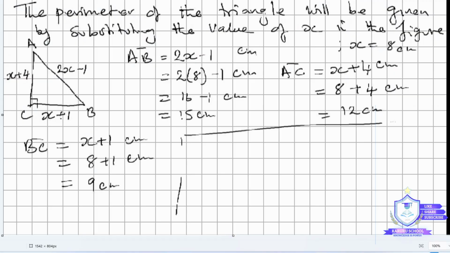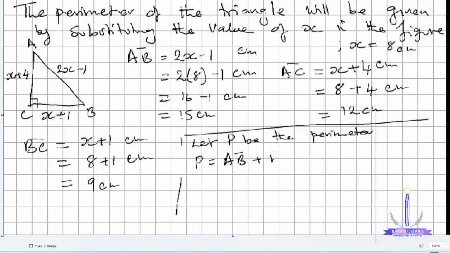Now the perimeter, let P be the perimeter. P would be equal to AB plus AC plus BC.